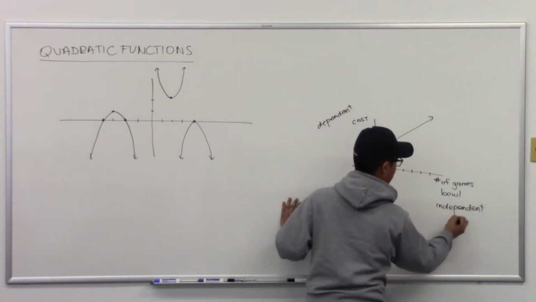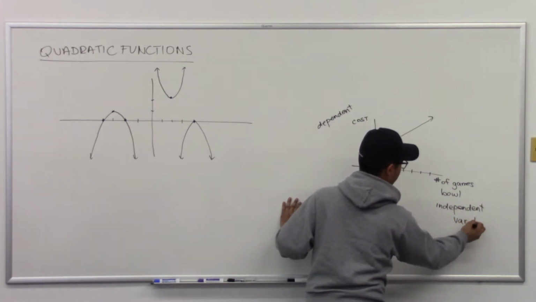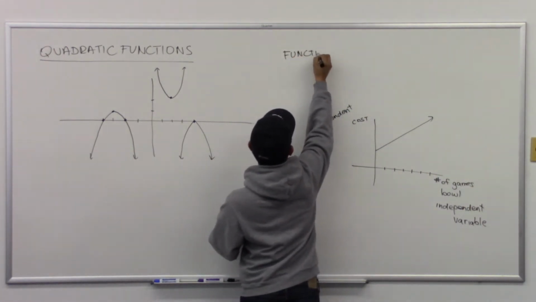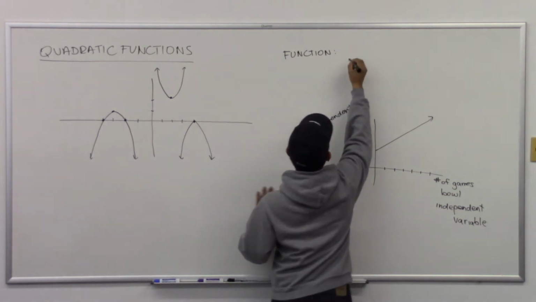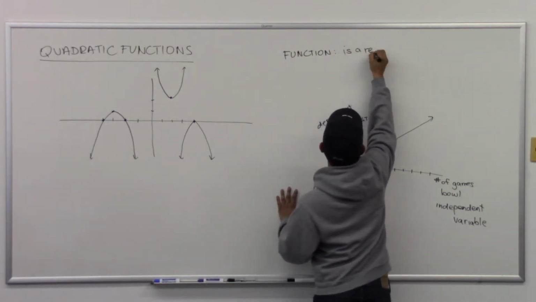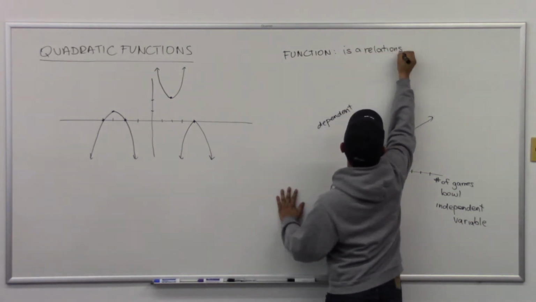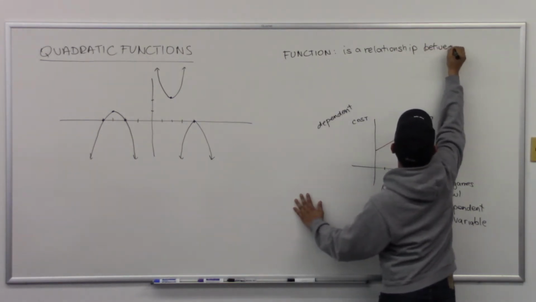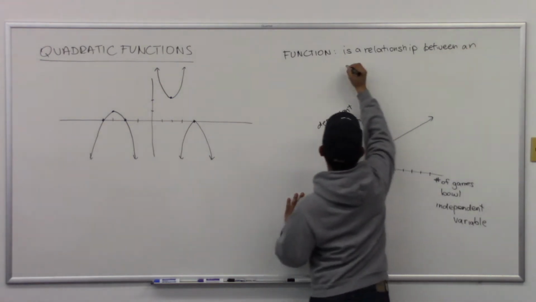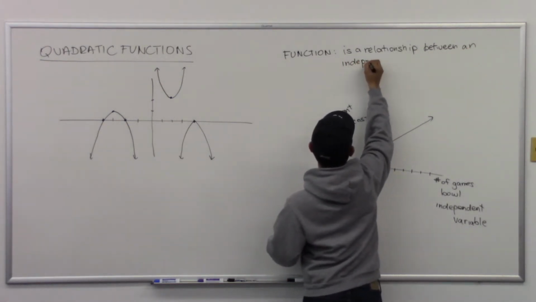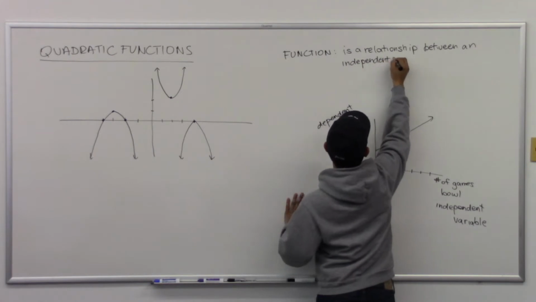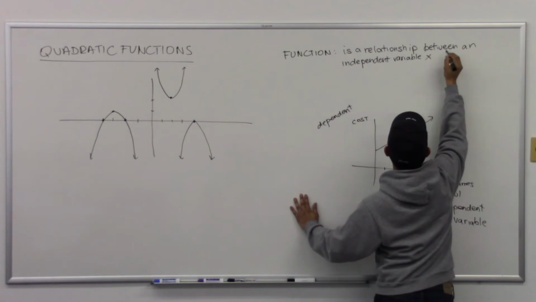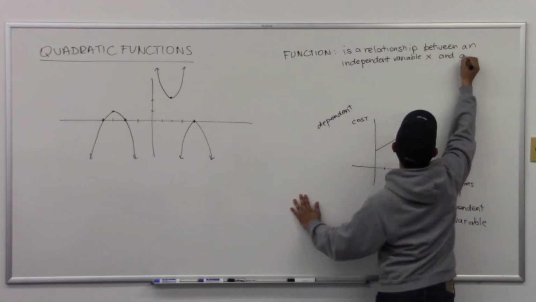Okay? So this is the first thing you'll write. A function is a relationship between an independent variable x and a dependent variable y.